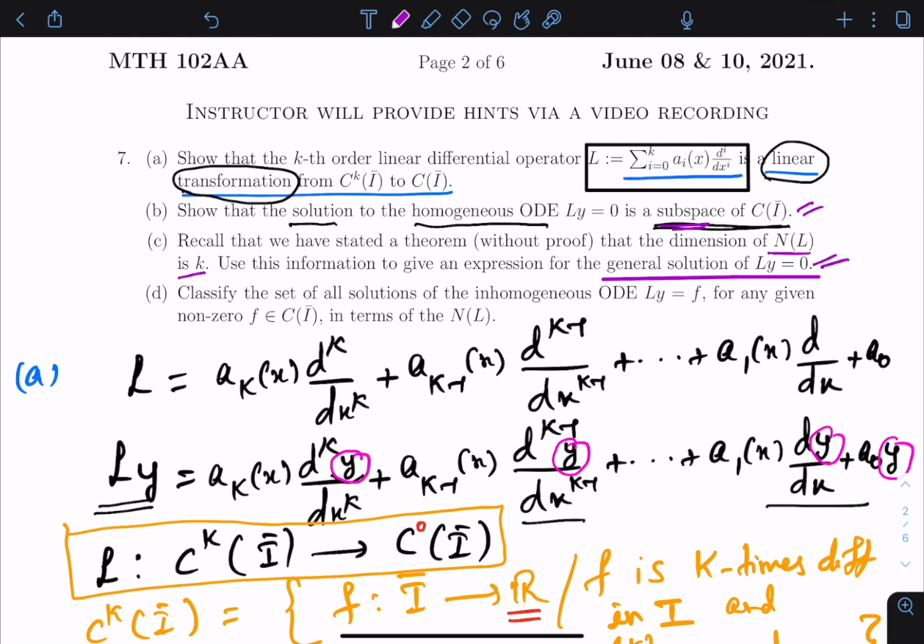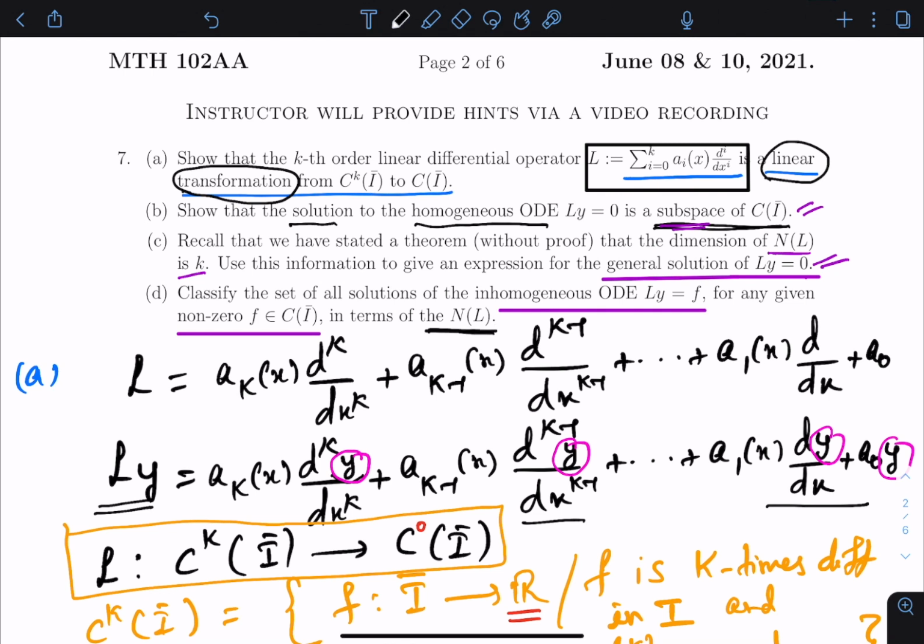Now what about D? D is saying classify the set of all solutions of the inhomogeneous problem. In C we had found the general solution of Ly equal to 0. What if the right hand side is not 0? It's a non-zero function f. They say classify the solution in terms of the null space.